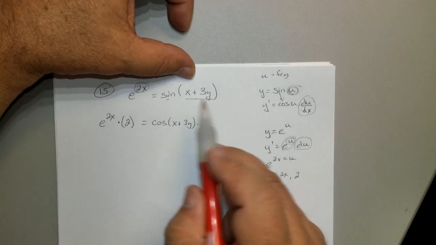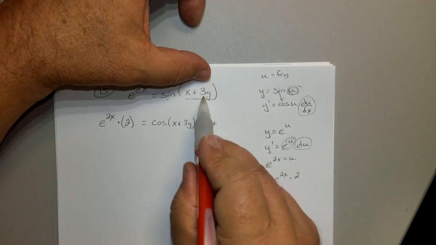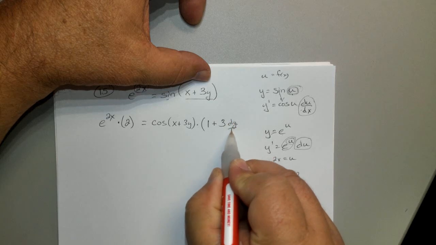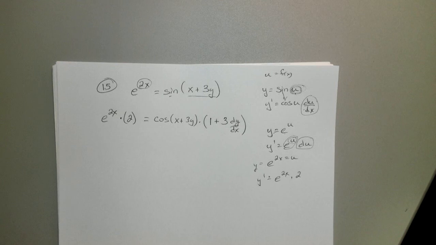Derivative of the argument is derivative of x is 1. Derivative of 3y is 3 dy/dx. Everybody follow that? Kind of looking at some deer waiting for the truck to come.